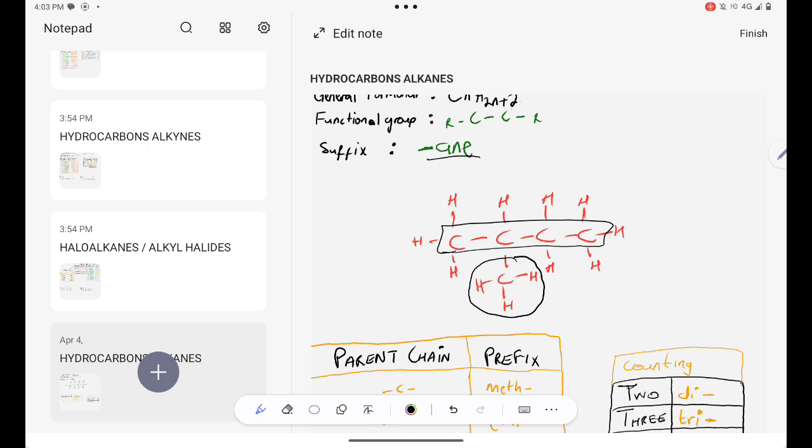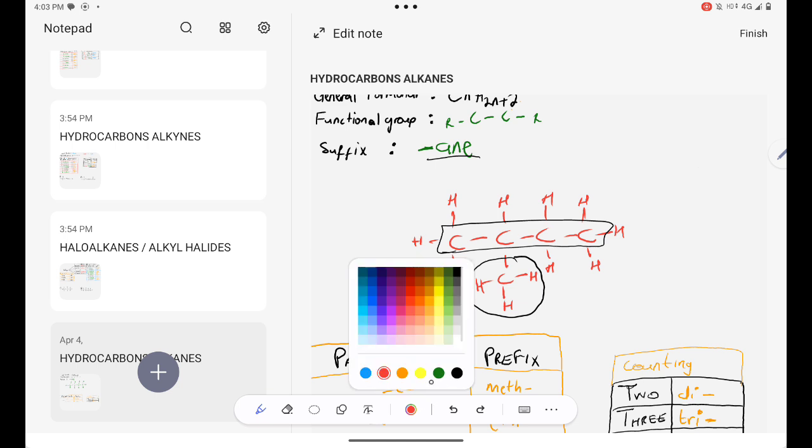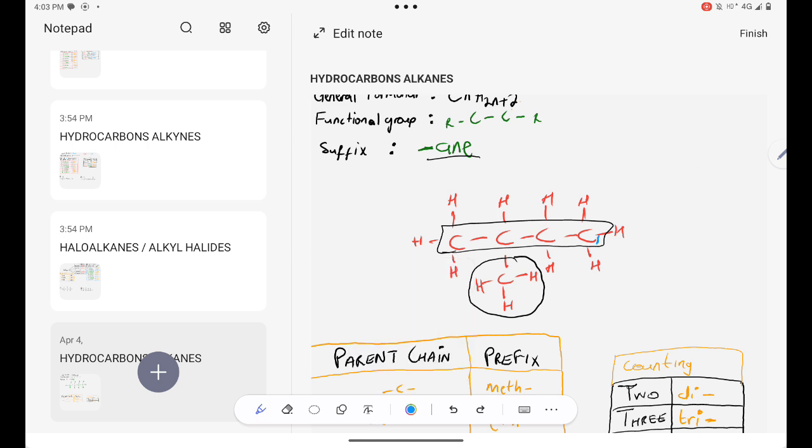So if my carbon number 1 is this one, let me start on the other side just to show you the difference. If this would be carbon number 1, 2, 3, and 4, I will have my side chain on carbon number 3.